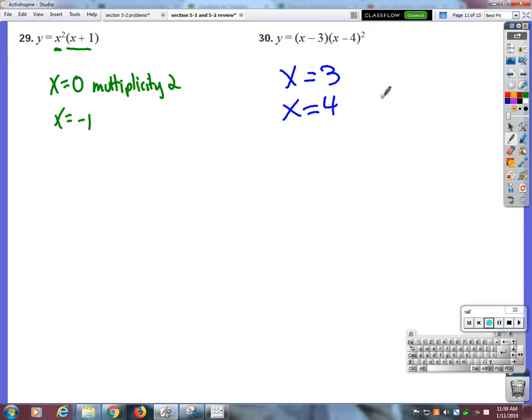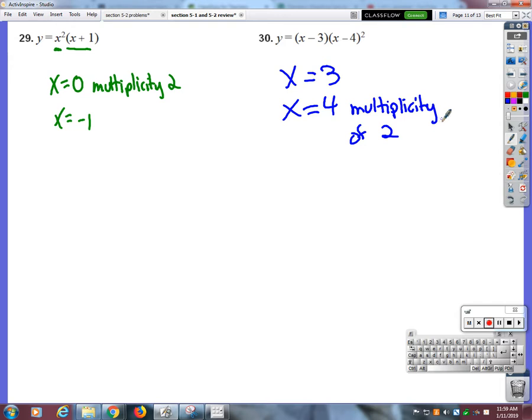All right, and since this is squared, this would have a multiplicity of 2. Okay. Huh? You want to know why it has a multiplicity of 2?